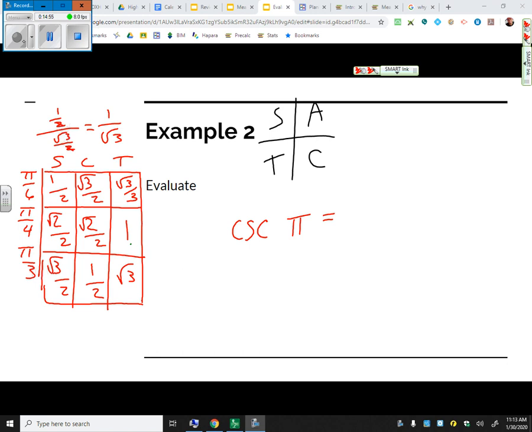Now it's a quadrant angle here, so in my mind, or at least maybe out in the margin, I'm going to label my point right there. And cosecant is going to be the reciprocal of which one? Sine, according to Jonathan. So sine corresponds to this y value, so I'm wanting to take 1 over that y value.